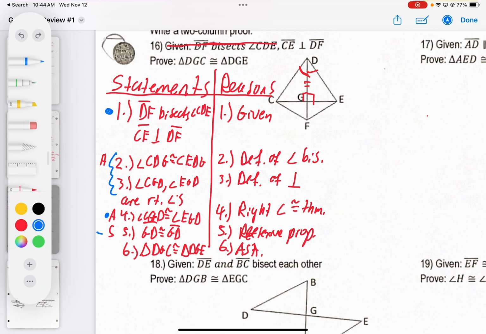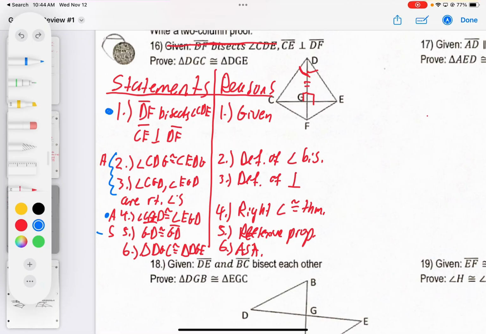I don't have an answer for you right now, but I can give you an answer at the end of the period if you remind me. I'll see if that's the case. If that were the case, then I would say prove the triangle is congruent by definition of congruent triangles. I'll let you know in a little bit. Thanks, buddy. Okay, cool.